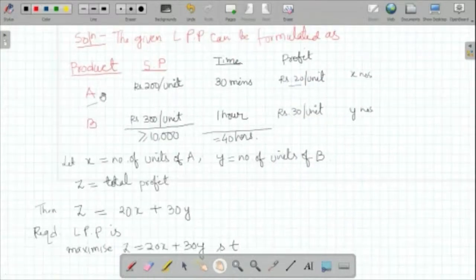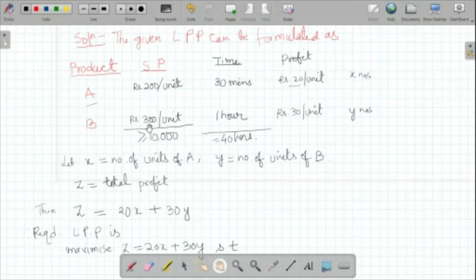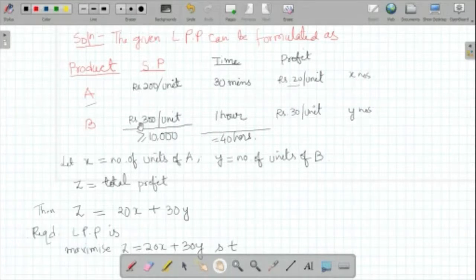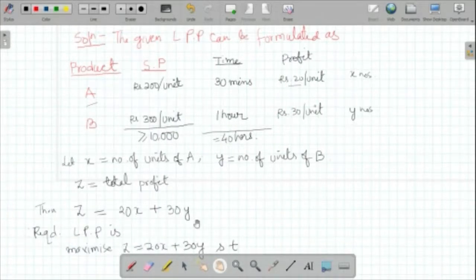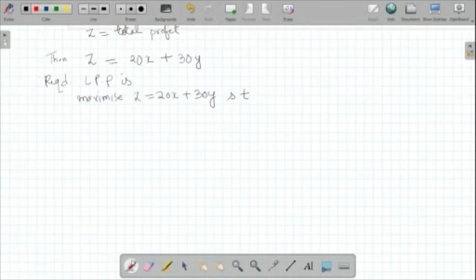So target turnover: for 1 unit of A the turnover is 200, so for X units it will be 200 times X. Similarly, for B, the turnover of 1 unit is 300 rupees, and we produce Y units, so for B it will be 300 times Y. So the total turnover is 200 times X plus 300 times Y, subject to being greater than or equal to 10,000.